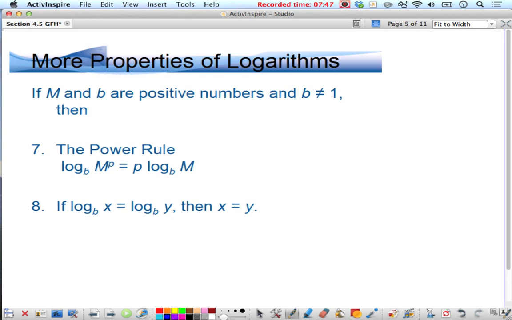It sounds really weird, but once I show you, it'll make a whole lot more sense. Another way of saying that is a power after the log equals a coefficient before the log.